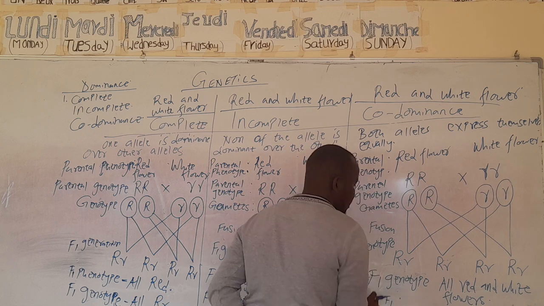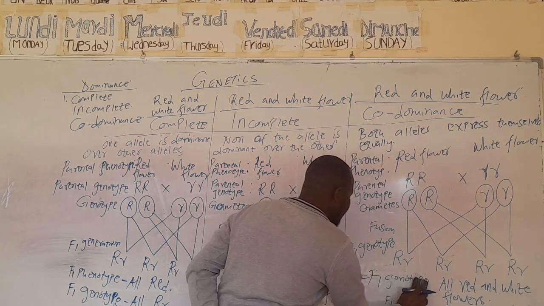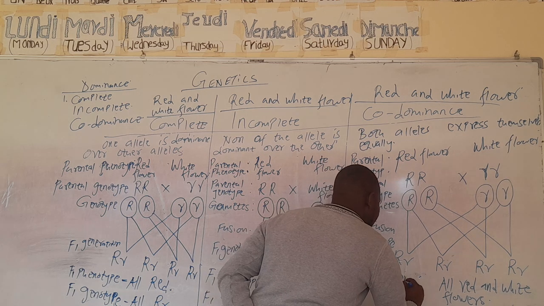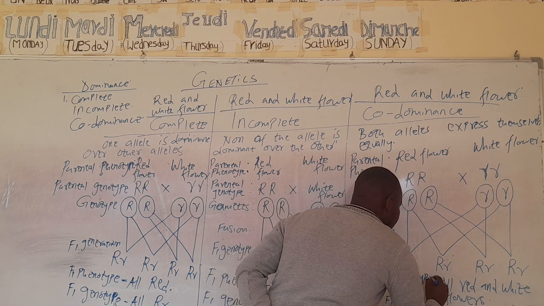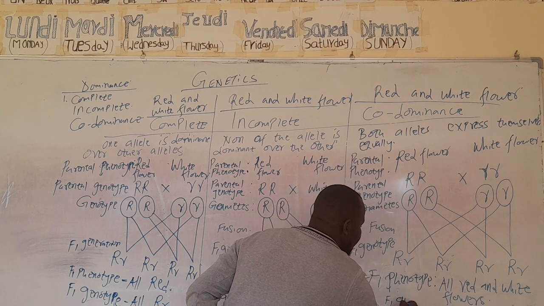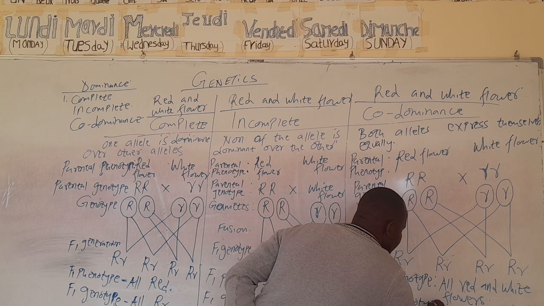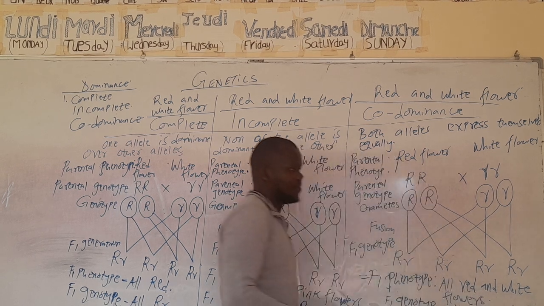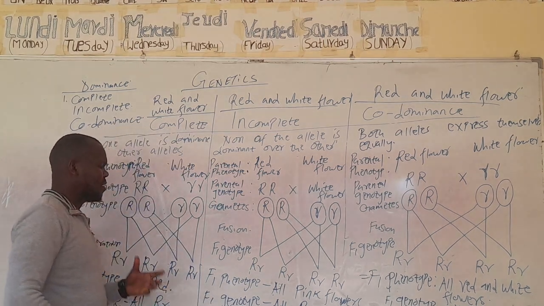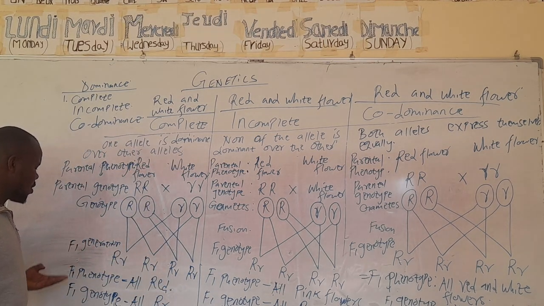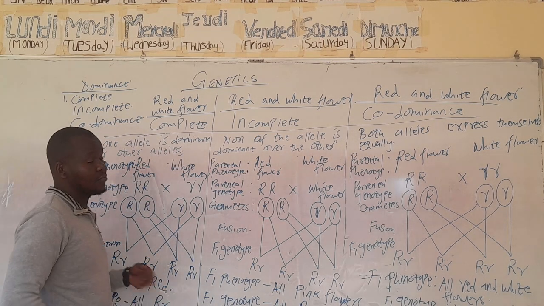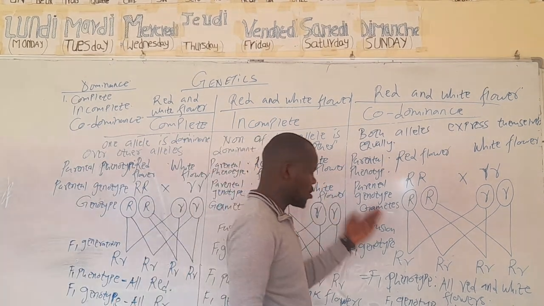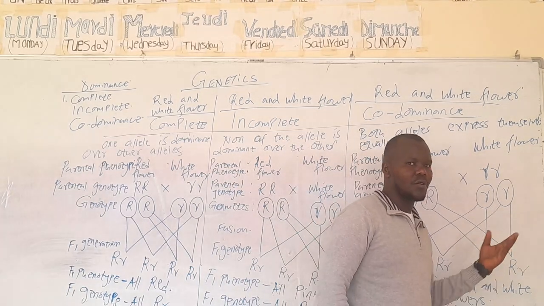This is the F1 phenotype. I've used the same flowers, but at the end, our F1 offspring are all red in complete dominance, all pink in incomplete dominance, and both red and white in codominance.